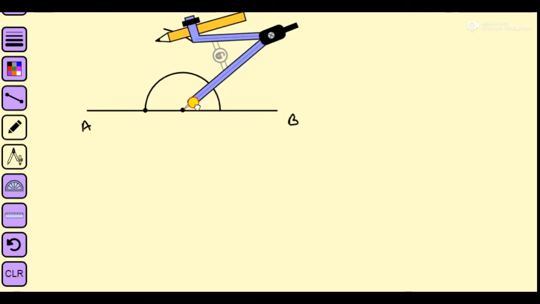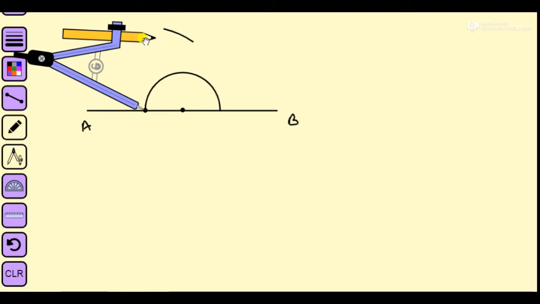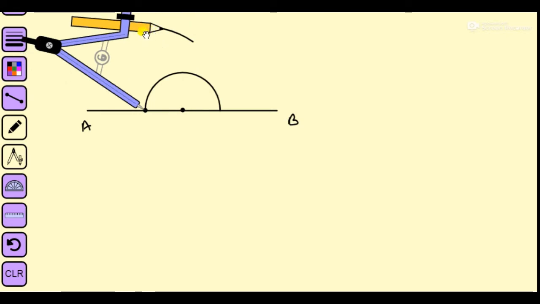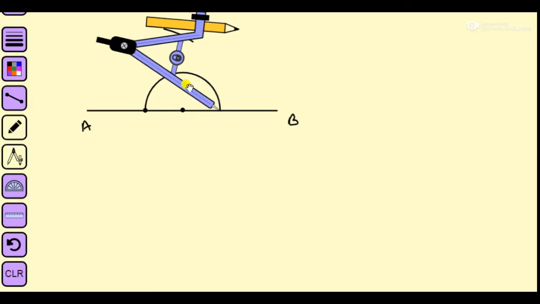Now once again take your distance. The distance is not locked, so first of all put the distance like this. It is clear. So lock this roundel and now put the roundel here.